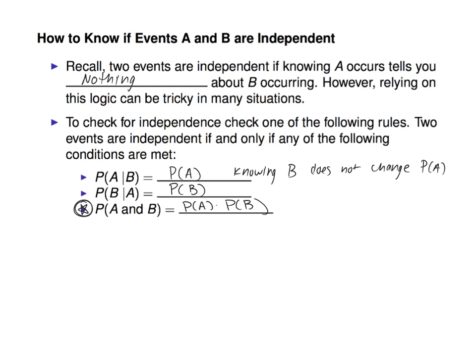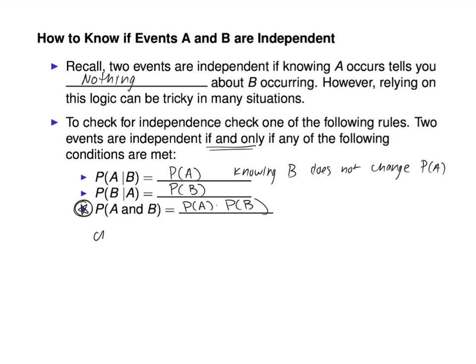And two events are independent if and only if this holds. This means that you can use this to check if these events are independent. So if this is not true, then you know the events are not independent. If it is true, you know that they are.